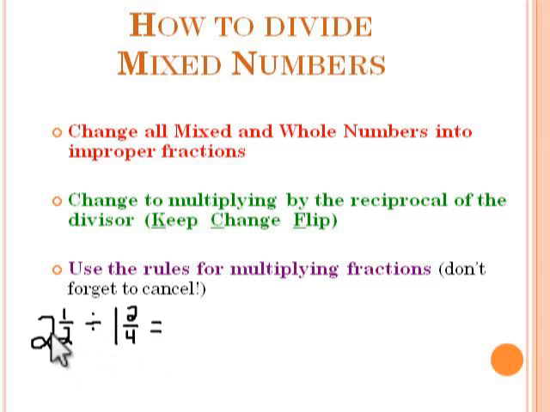So 2 times 2 is 4, and 1 more is 5. 5 halves. Change 1 2/4 into improper. 4 times 1 is 4, 2 more is 6. 6/4.